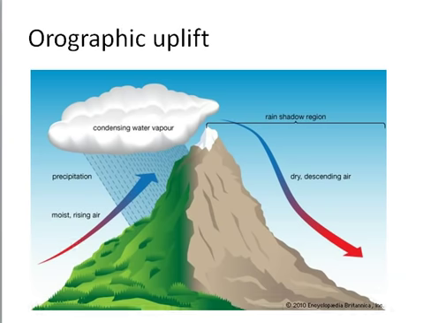The third method of getting air up into the atmosphere is kind of a physical process, called orographic lifting. And orographic lifting happens when a parcel of air runs into a mountain, and it can't go through the mountain, it can't go around the mountain, and so it just gets pushed up the mountain as more air comes in behind it.